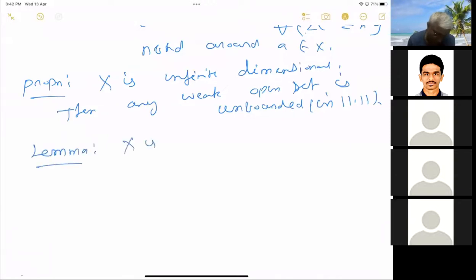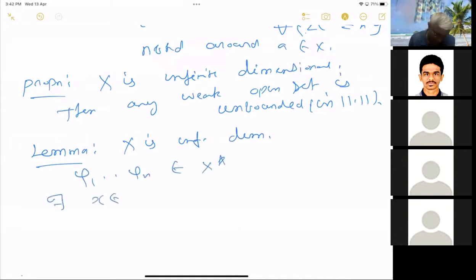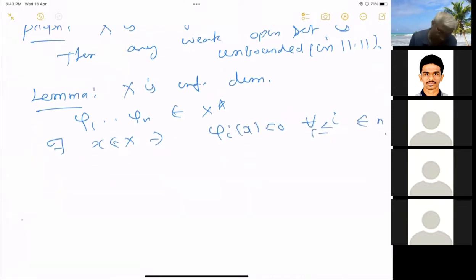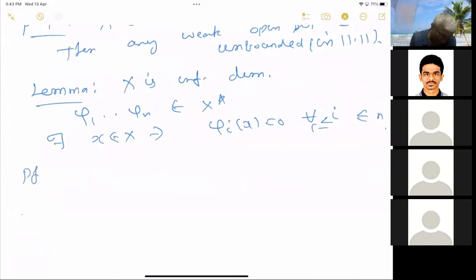So X is infinite dimensional, and let phi1 up to phi n be in X star. Then there exists an x in X such that phi i of x equals 0 for all i. You can prove it in many ways.